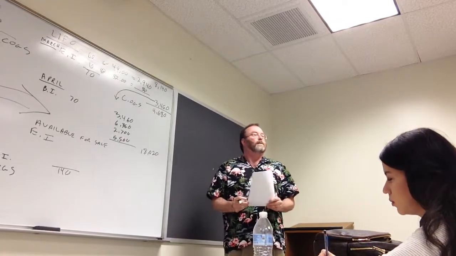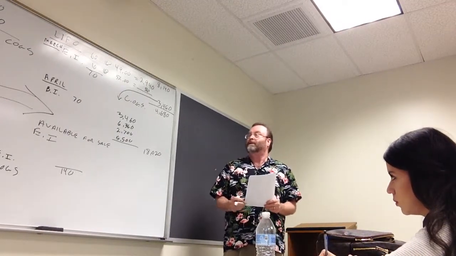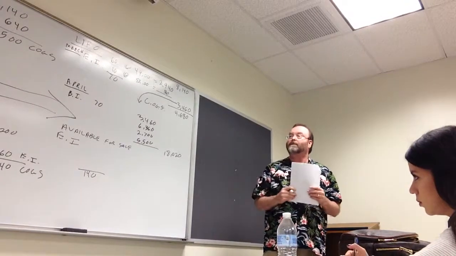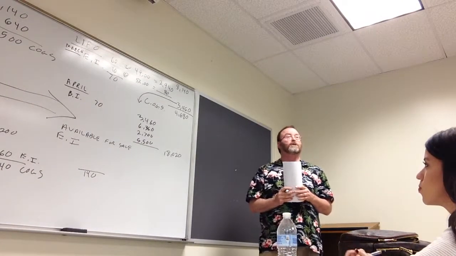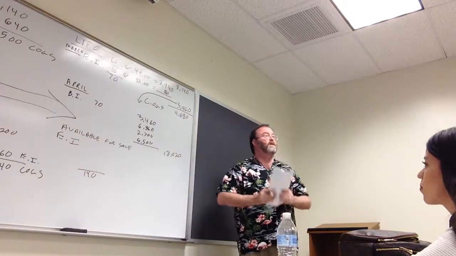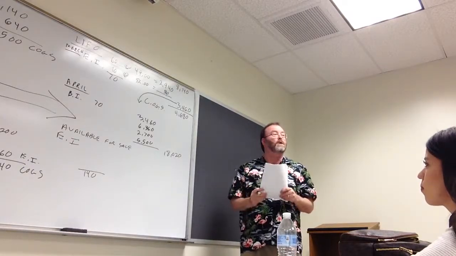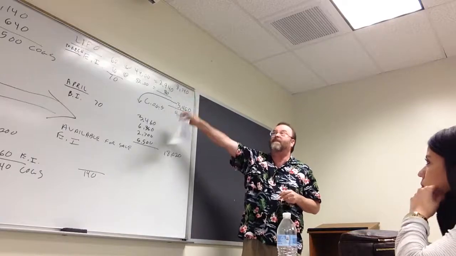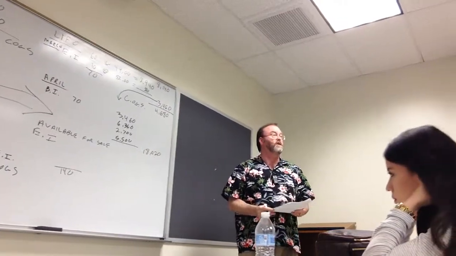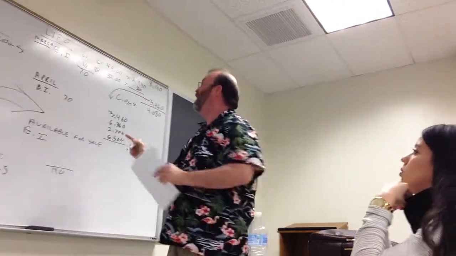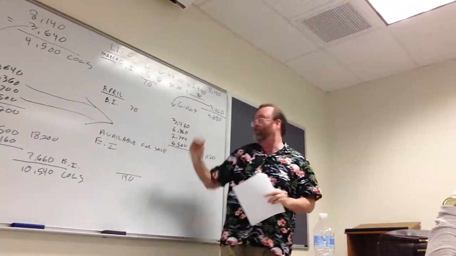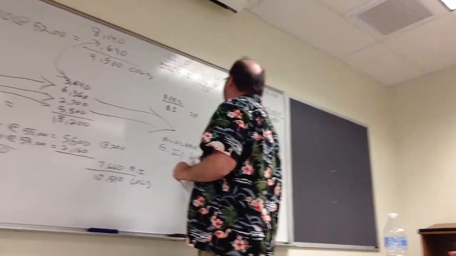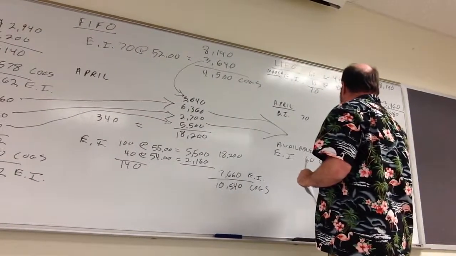Initially, you would take 120 at $53 from April. No. Where are you going to start? You're going to start with the oldest inventory that you have in stock. What's the oldest inventory that we still have at the end of March? We have 90 at $52. Well, we still have all this stuff, remember? So we start with the 60 at 49.